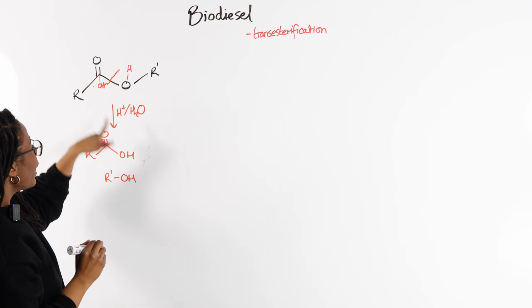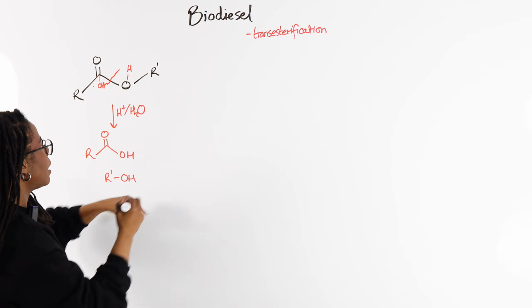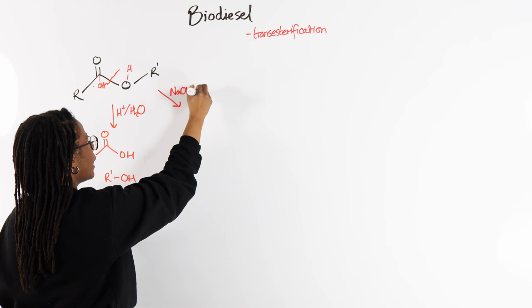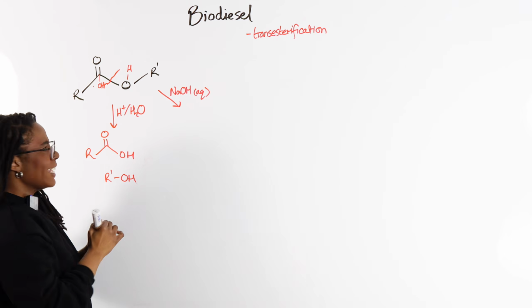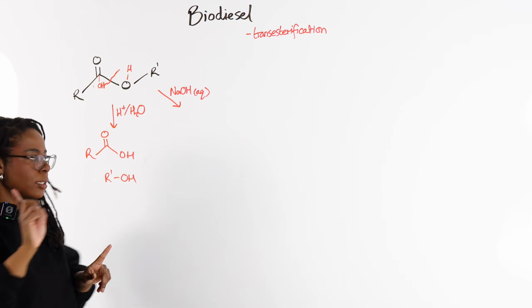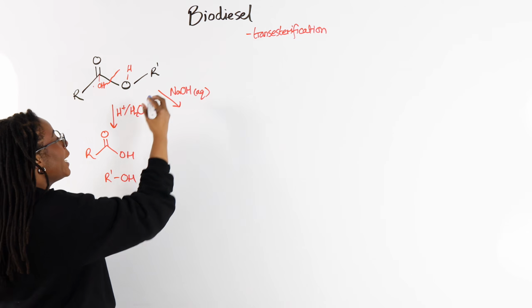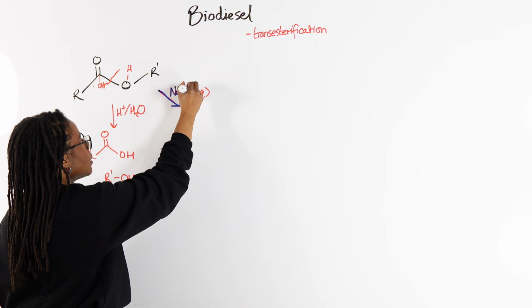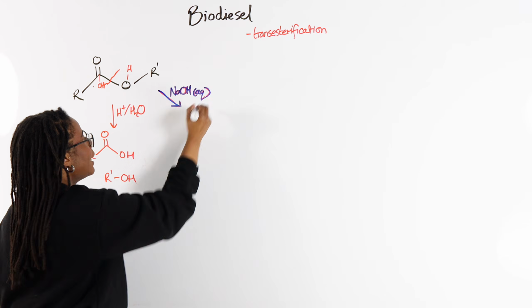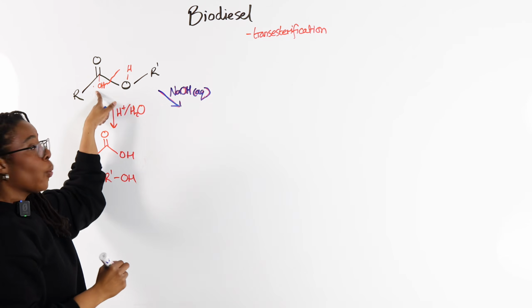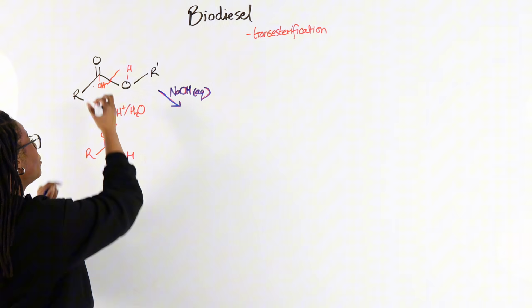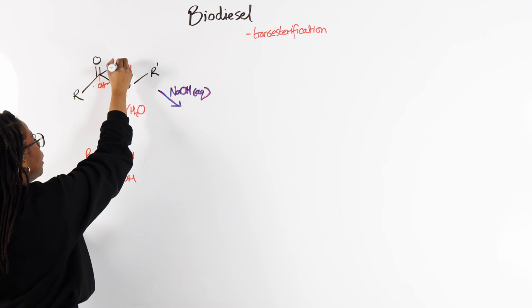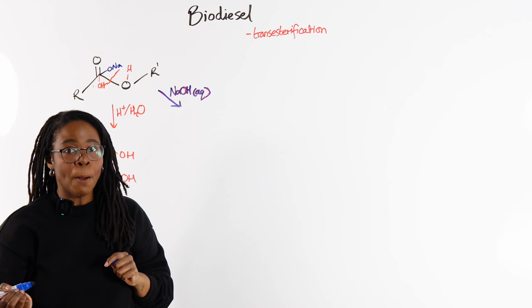Now if we were to hydrolyze this ester under basic conditions, so using sodium hydroxide, aqueous, then instead of giving an OH back to this C double bond O, we're going to give it an ONa, to give us a carboxylate salt.